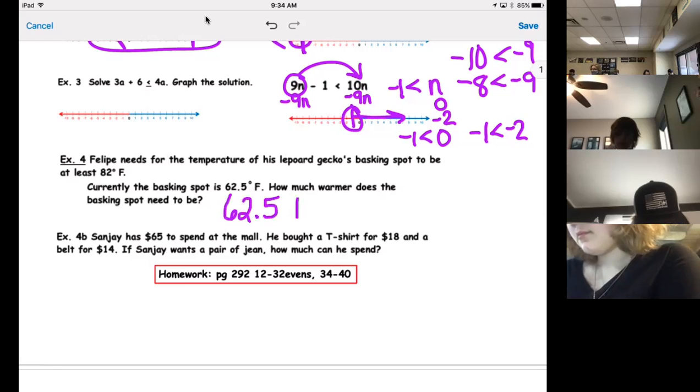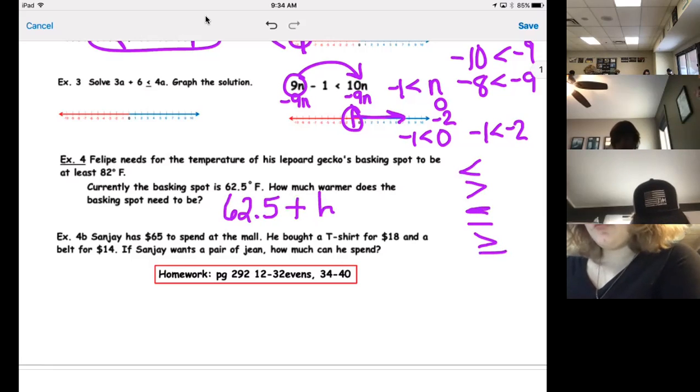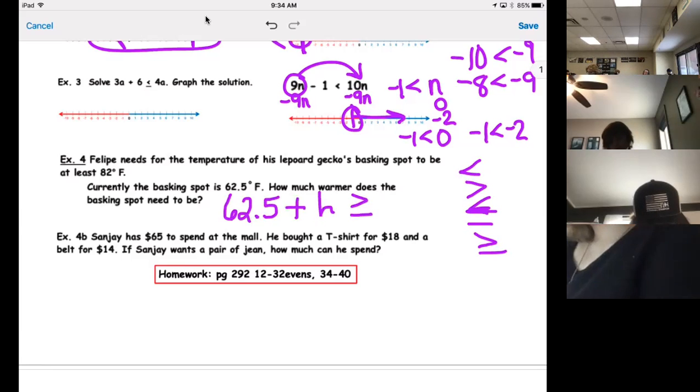We need to add some heat in order to get it to be at least 82 degrees. What does that look like in symbol form? Does it look like this, like this, like this, or like this? The greater than sign with an equals under it. Right, it has to be greater than or equal to 82.